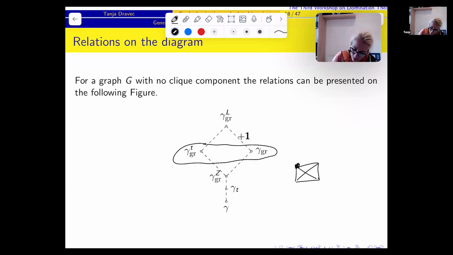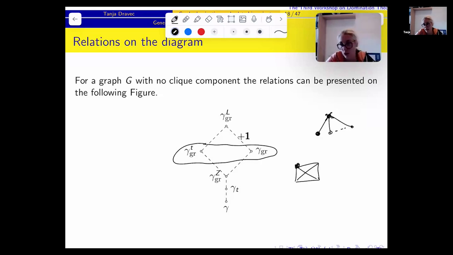For example, if I take a star with, I don't know, many leaves, then Grundy total domination number of the star is 2. I can start with a leaf. But now what happens? I totally dominate the central vertex. So for an open neighborhood sequence, I'm not allowed to put other leaves in the sequence. The only thing that I can do is put the central vertex in the sequence.